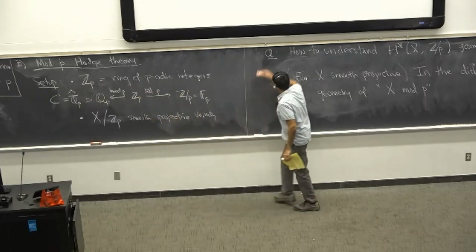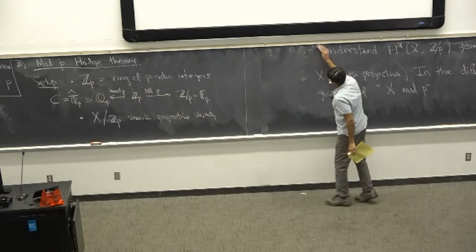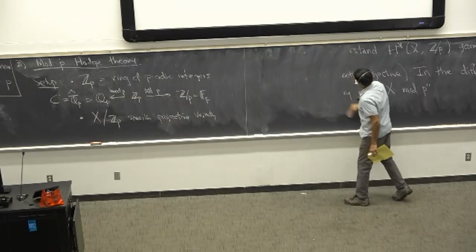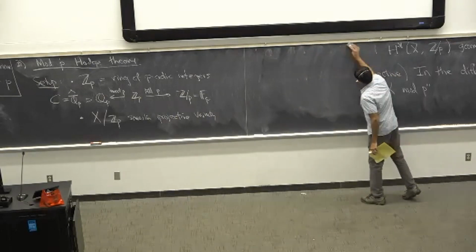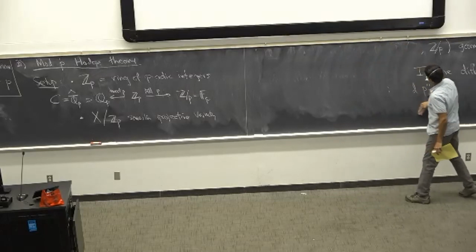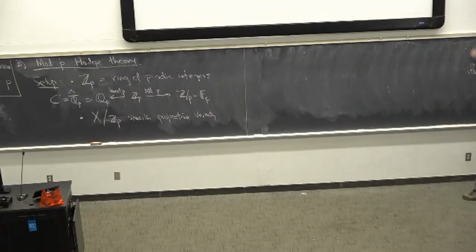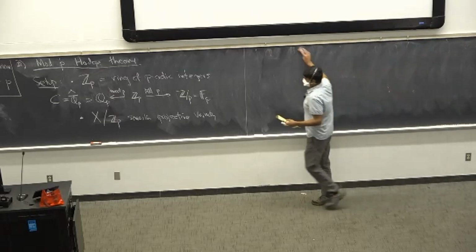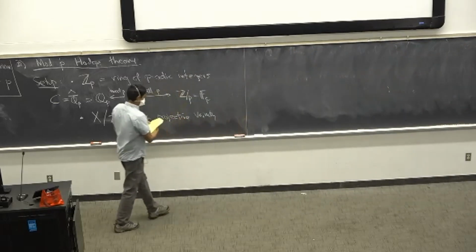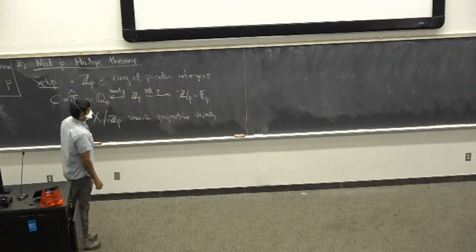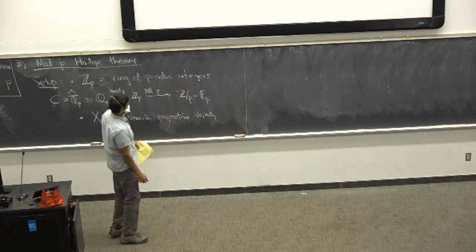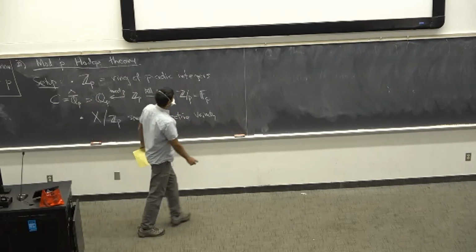So let me draw a picture for what's going on. This is the kind of picture that arithmetic geometers like drawing, and I don't know how convincing it is, but I will try.